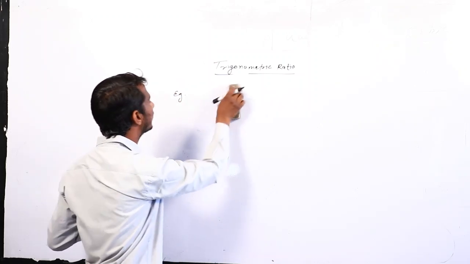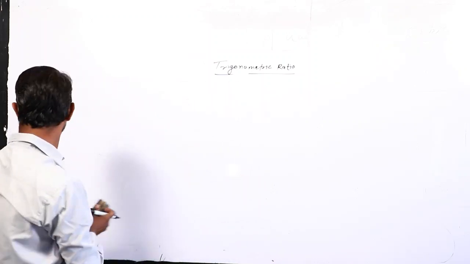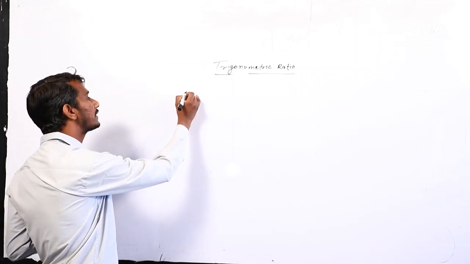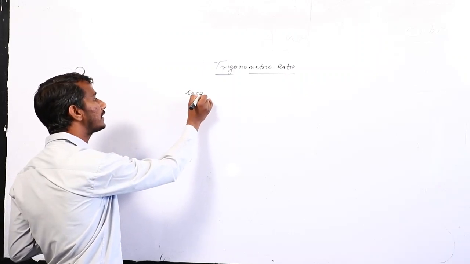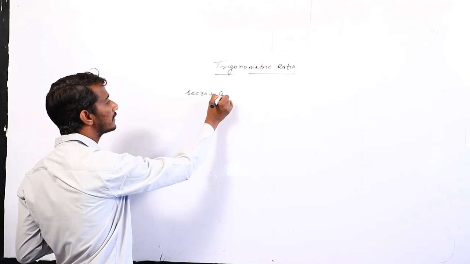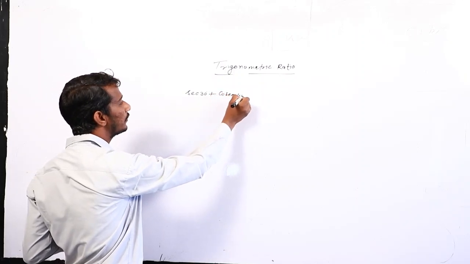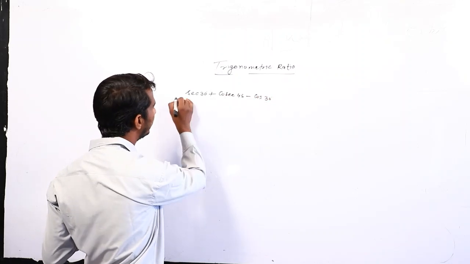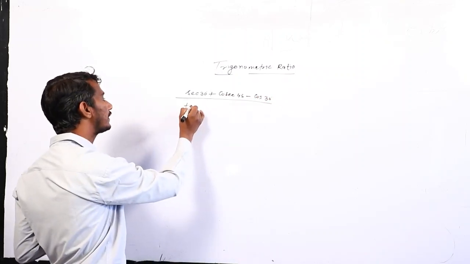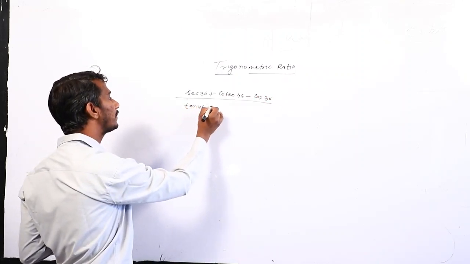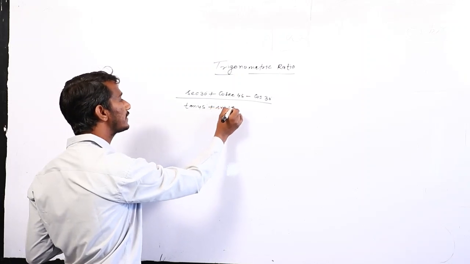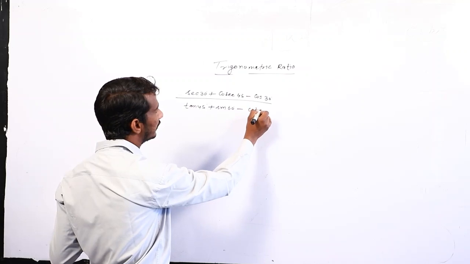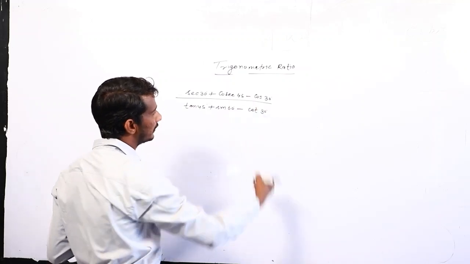Suppose you have taken another example with a larger form: sec 30 degree plus cosec 45 minus cos 30 degree upon tan 45 plus sin 60 minus cot 30 degree.